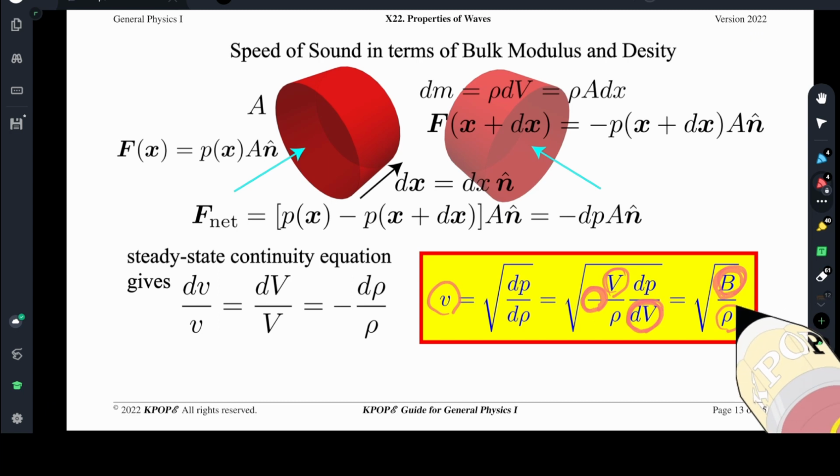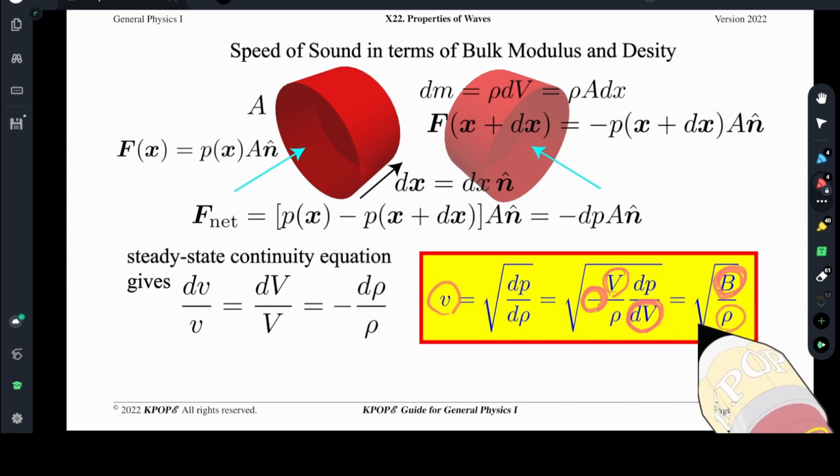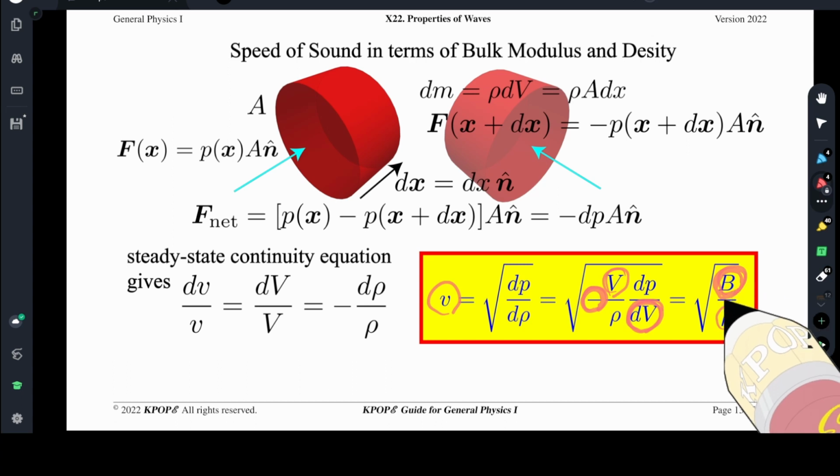And it is different from what we have done with the derivation of the Bernoulli equation. The Bernoulli equation assumes an incompressible fluid, but air is a compressible fluid. Only if it is compressible, with a finite bulk modulus, can it transmit sound.